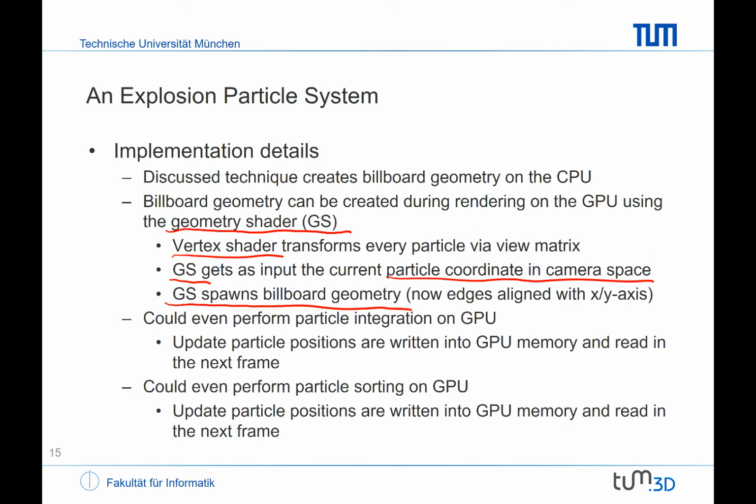Yeah, and we could even perform the particle sorting on the GPU. There are libraries available on the GPU which you could use for this purpose. Or you could do this by hand, by just storing the particle positions in a buffer, then using shaders in order to compute the distance of all the particles to the current view plane, and then you could implement sorting algorithms on the GPU.